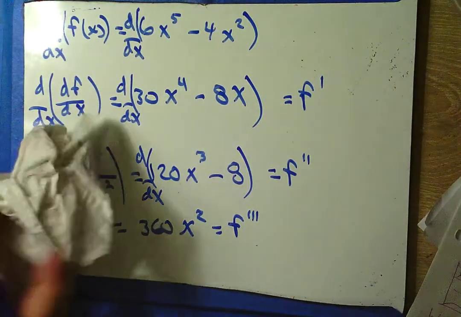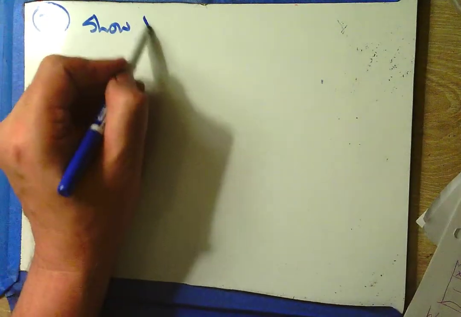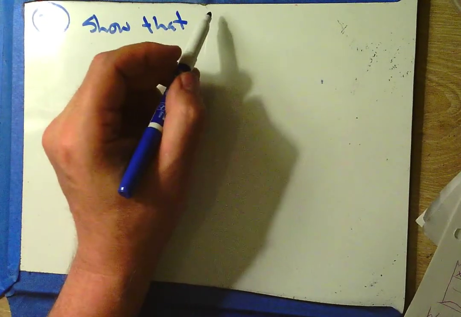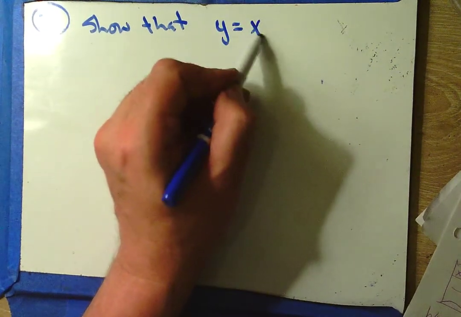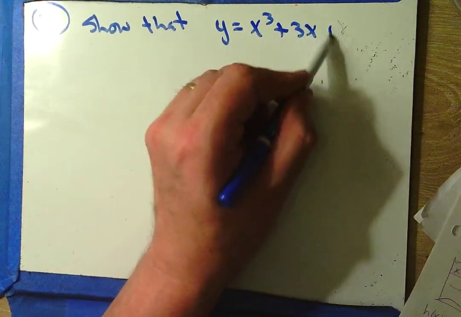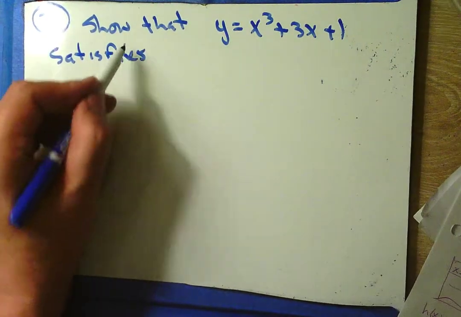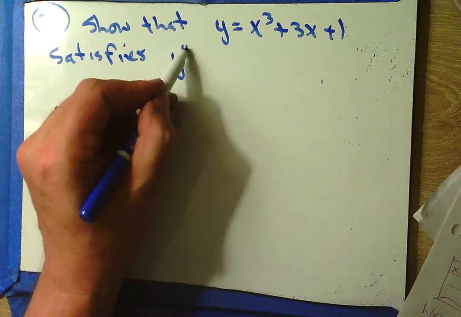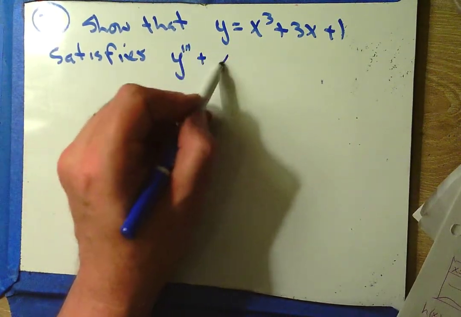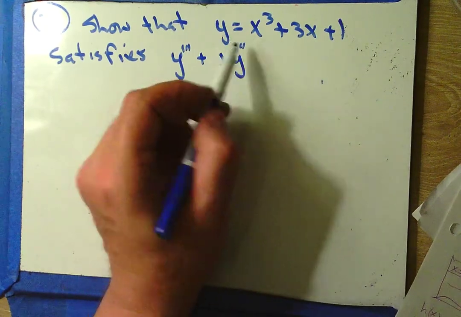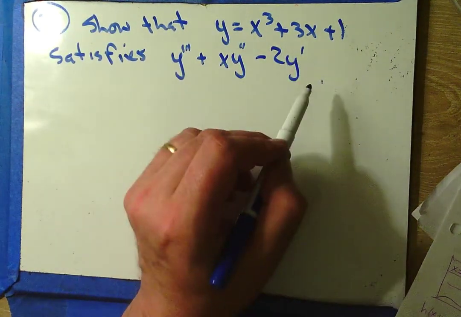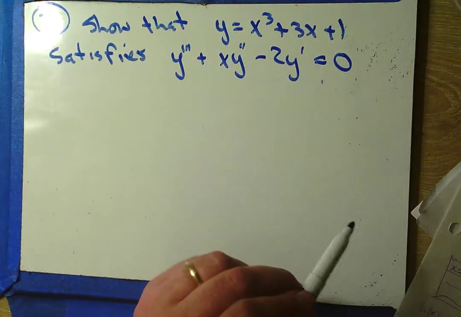Now, let's start looking at some application questions. This is a typical AP question. Show that y equals x to the third plus 3x plus 1 satisfies the equation y triple prime plus xy double prime minus 2y prime equals 0.